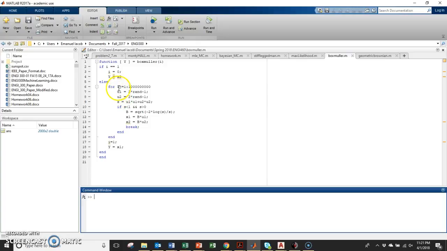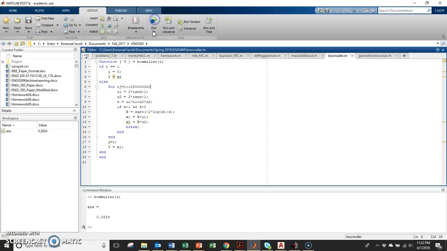You're setting j from 1 to technically infinity, but obviously MATLAB's not going to run to infinity, so we just did a really large number. We generate a random u, a random u2, and then an s based on those two random variables. If s is between 0 and 1, we output our x1, x2, and end it over here. So this gives me a random number. Once again, I'll just run this, and through Box-Muller we get a random number.